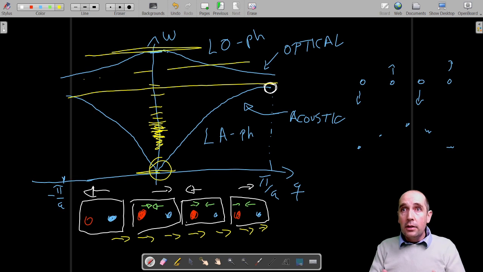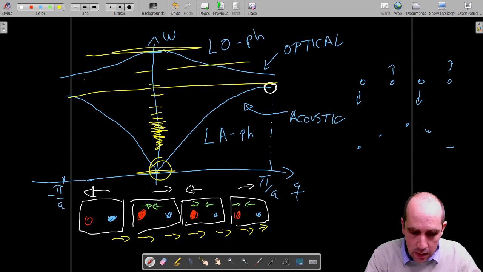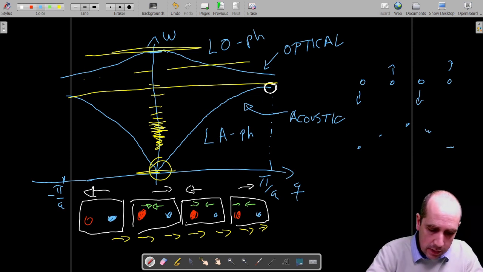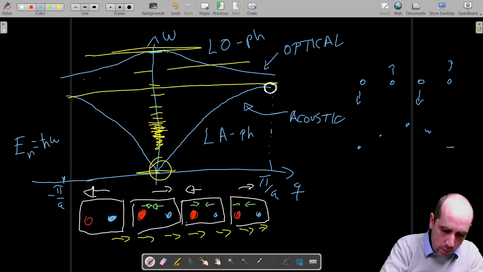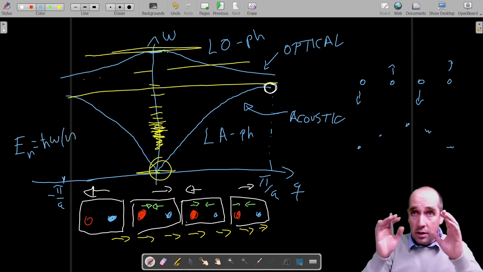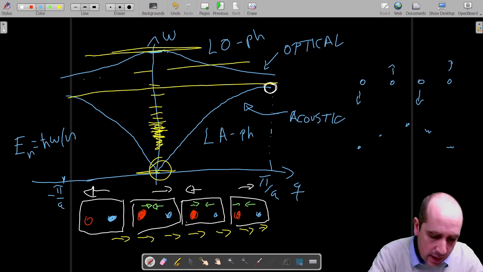in quanta that also follow the same rule. So the energy of the phonons will be given by the rule h bar omega times n plus 1/2, where n is the number of phonons that we have excited.